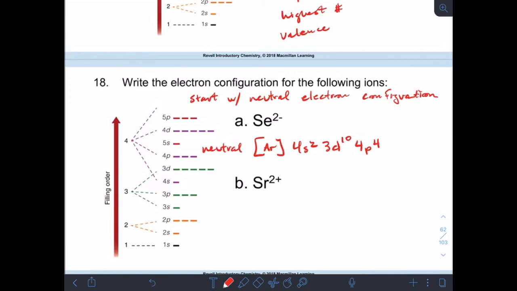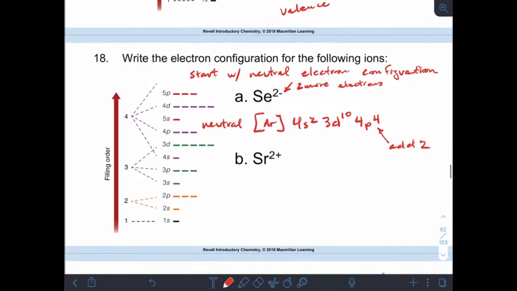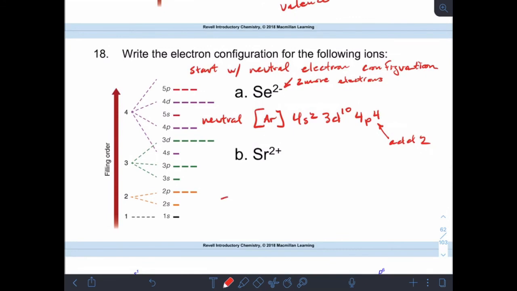My 2 minus means that I have 2 more electrons. The way that I deal with this is I add 2 electrons to my highest orbital. I'm running out of room here, so I'm going to write down here at the bottom.